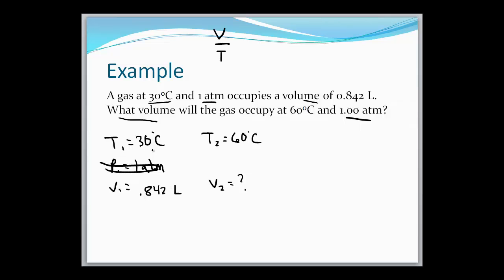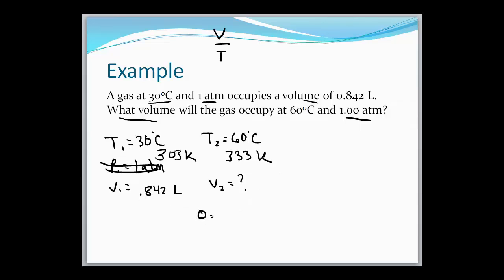So let's do the first thing and convert our Celsius to Kelvin. 30 plus 273 is 303 Kelvin. 60 plus 273 is 333 Kelvin. So let's set up the problem.